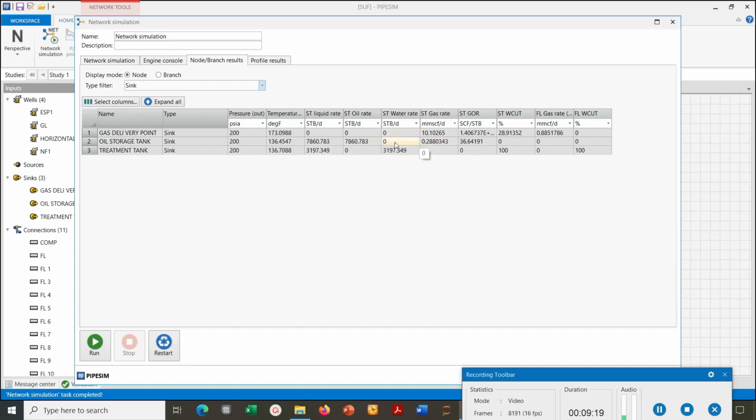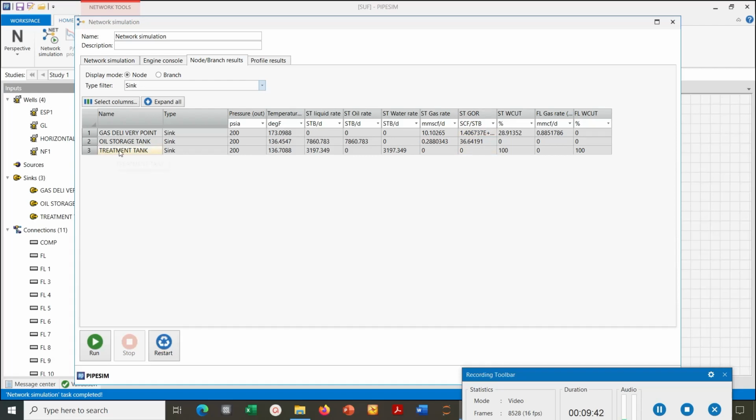So there was no presence of water in the oil and gas storage tank after separation. We still have remnants of gas in oil after separation, so we need to pass through another stage of separation.